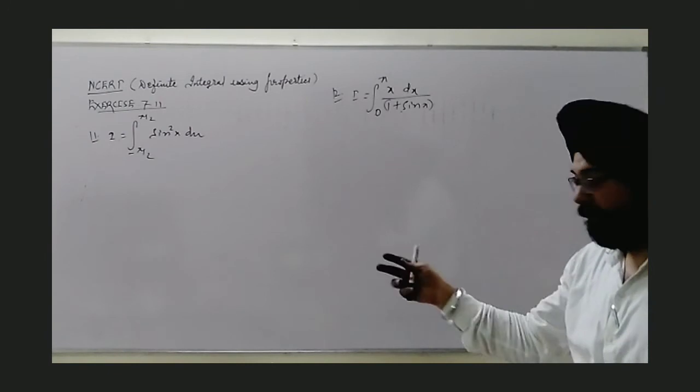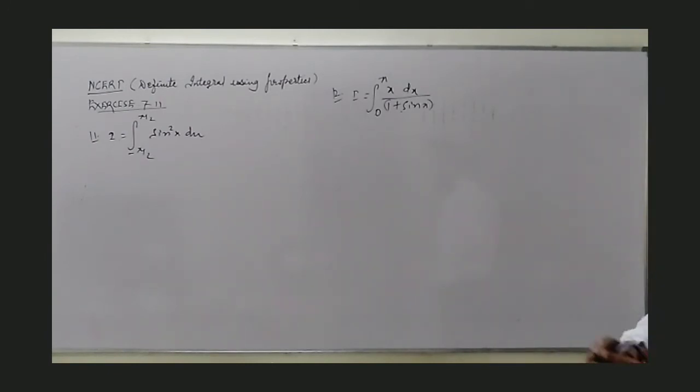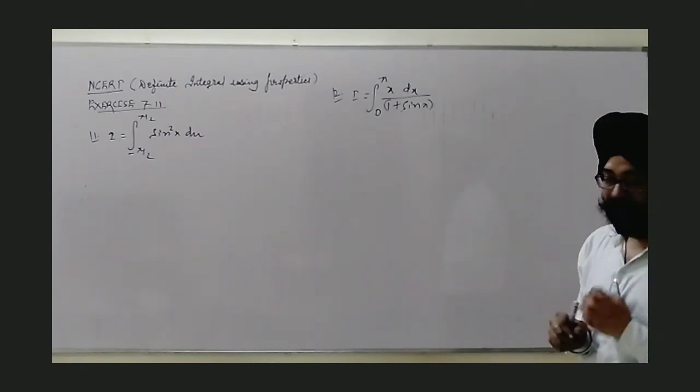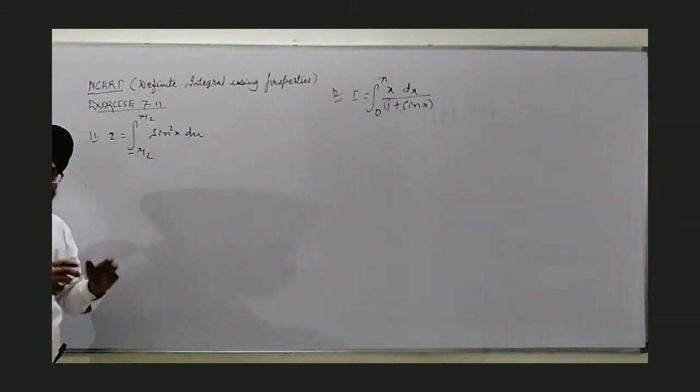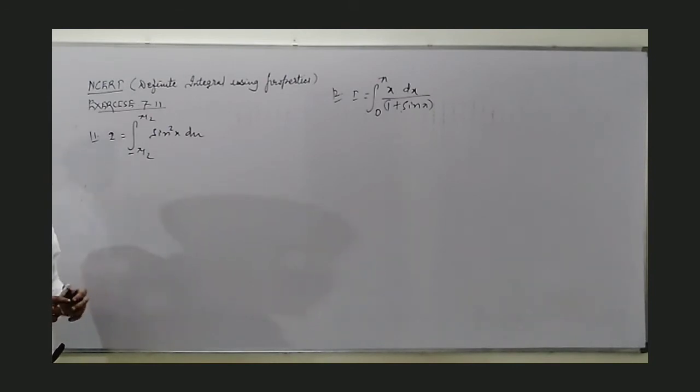Here, as the next question, I have taken question 11, very interesting, and it's a 12th class question also. Let's see. If we need to compare the limits with some properties, then we can do this with property number 7.